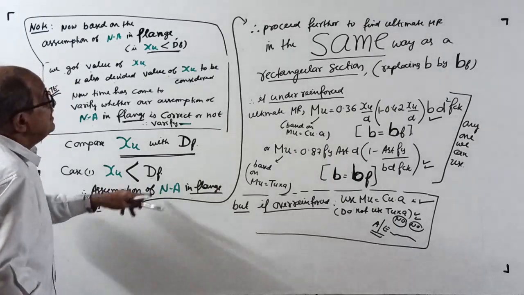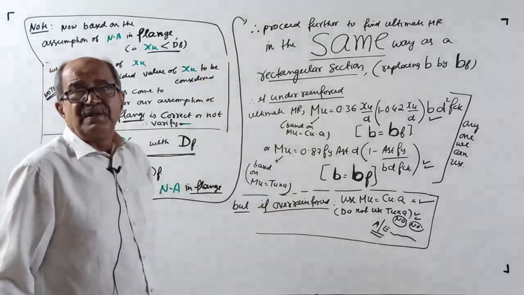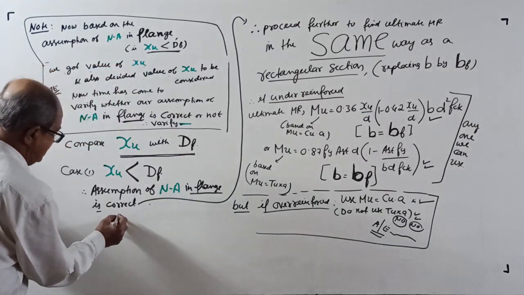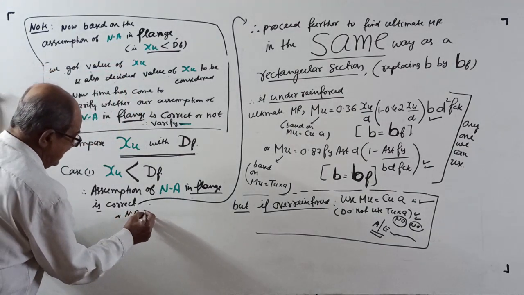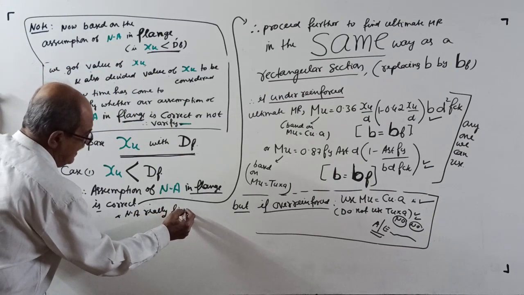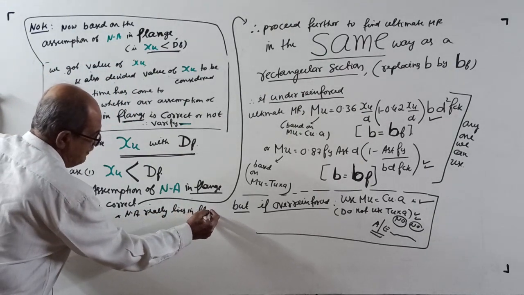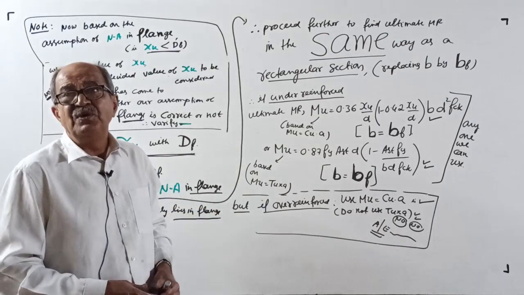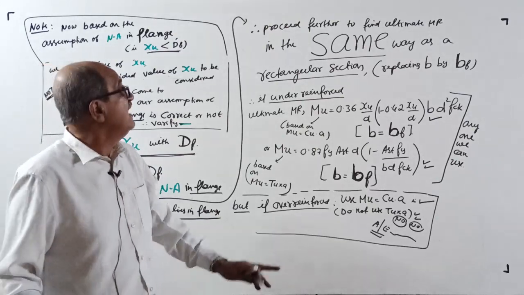Therefore, you can write here, neutral axis correct. That is, the neutral axis really lies in the flange. We are so happy. Why? No confusion, no headache part of the web neutral axis; the web is not there.